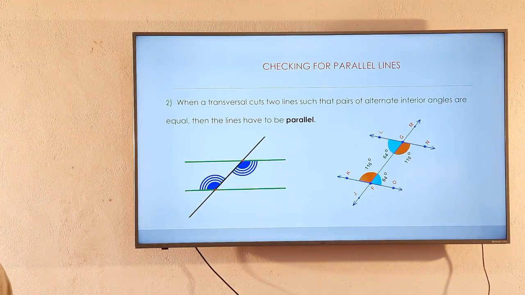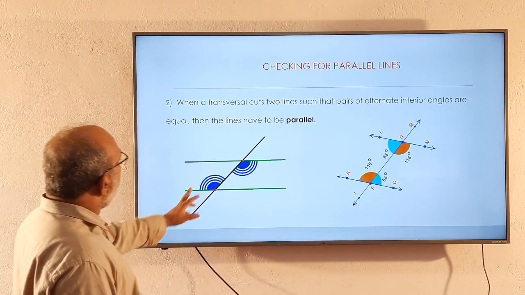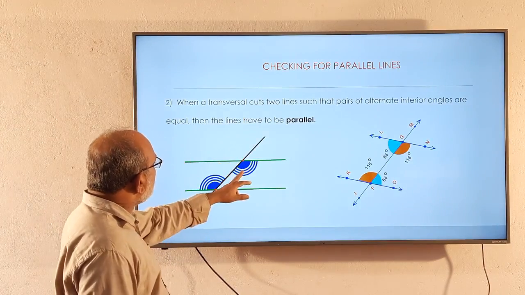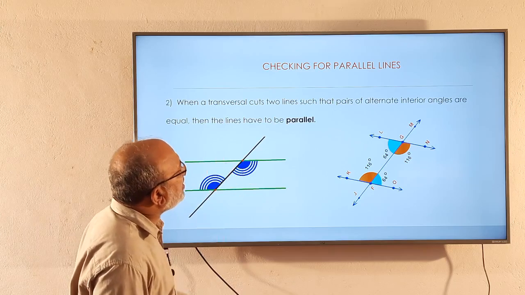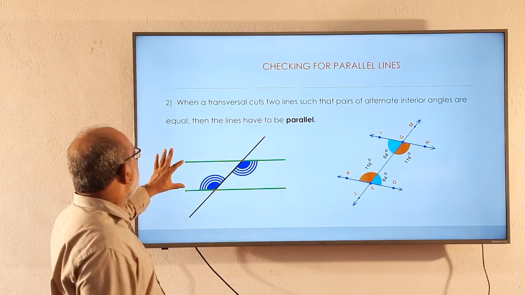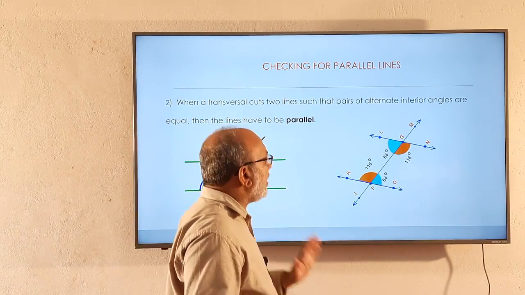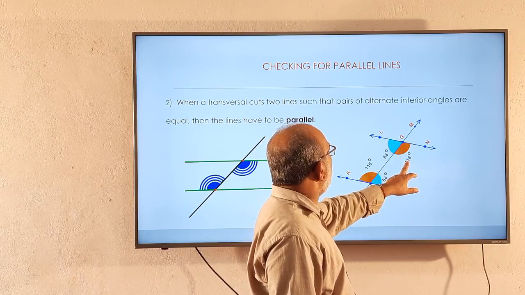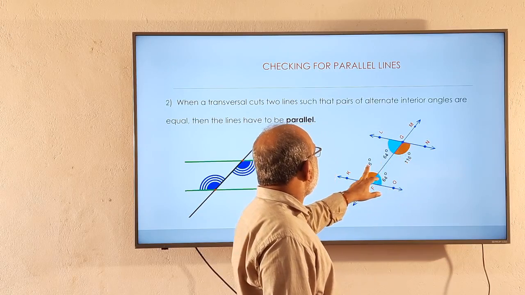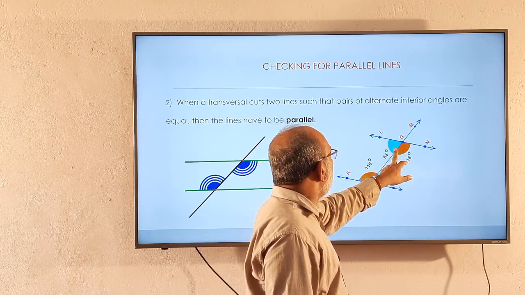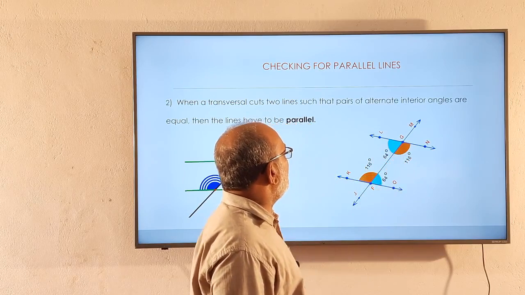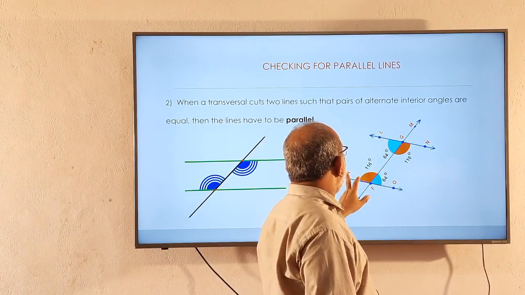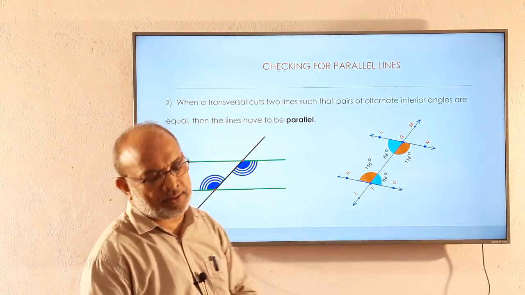Next, another check. This is interior, you see, this is alternate. If the alternate interior angles are equal, then these two lines are parallel. See here, this one and this one, 116, here too 116. Here it is 64, if this is also 64, it means these two lines, line LN and line KO, are parallel.